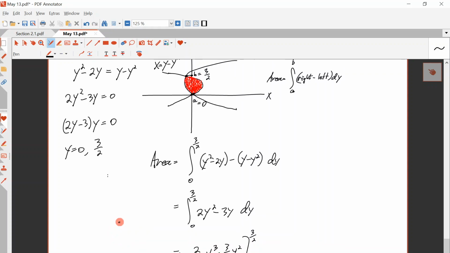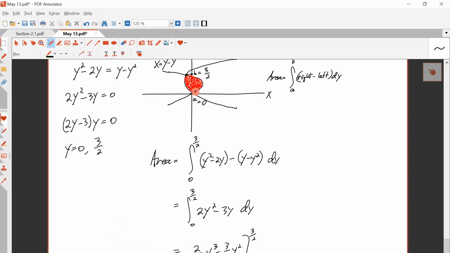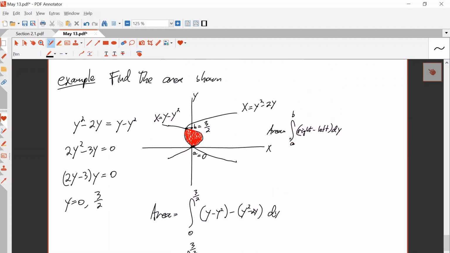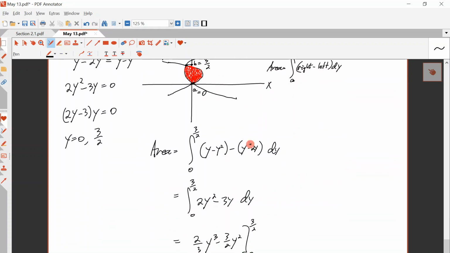Oh, I have them backwards. The right is the y minus y squared. And the left is y squared minus 2y. Let's take another look at that. So the right is this one right here. I just have it written on the left. The right is this one right here, which is the y minus y squared. And the left one for the region is this one here, which is the y squared minus 2y.